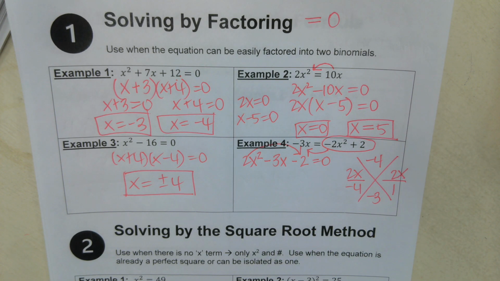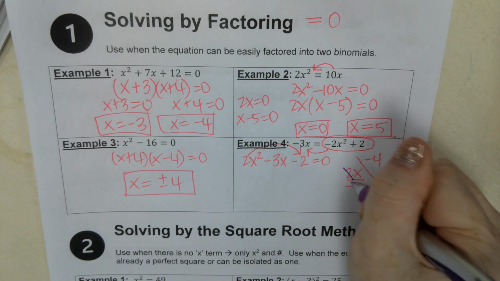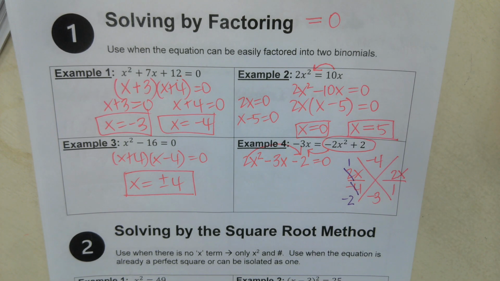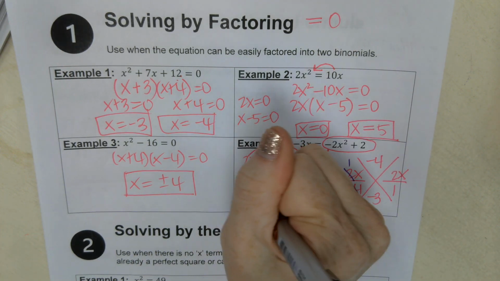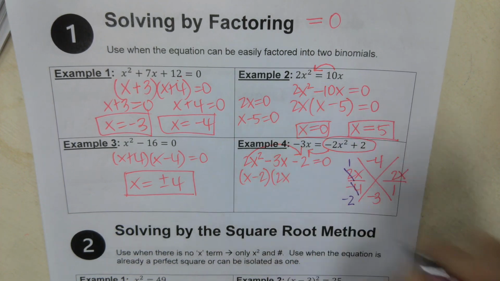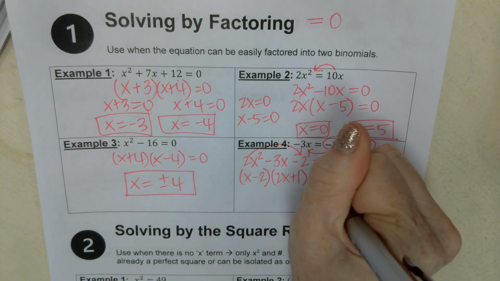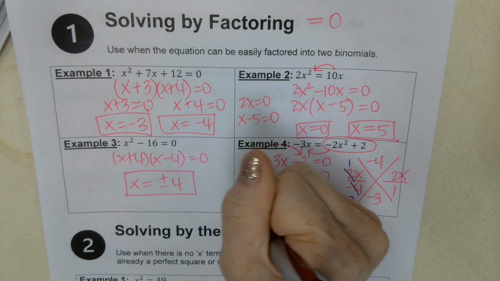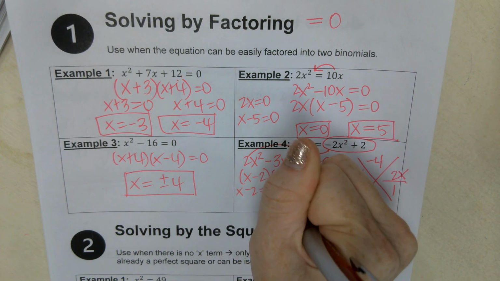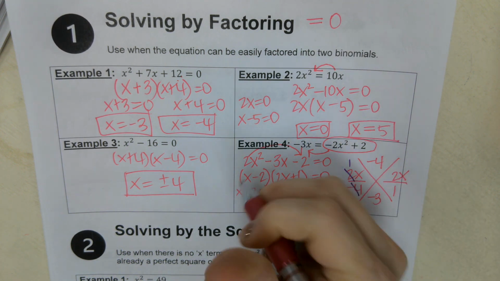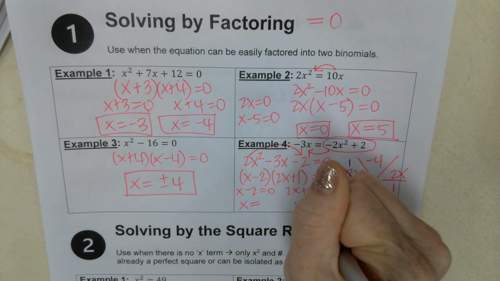Perfect. And then we'll reduce our fractions. You got 2 over negative 4. That's 1 over negative 2. So x minus 2 times 2x plus 1 equals 0. Now, if I set each one of these equal to 0, what would I get for my two solutions?